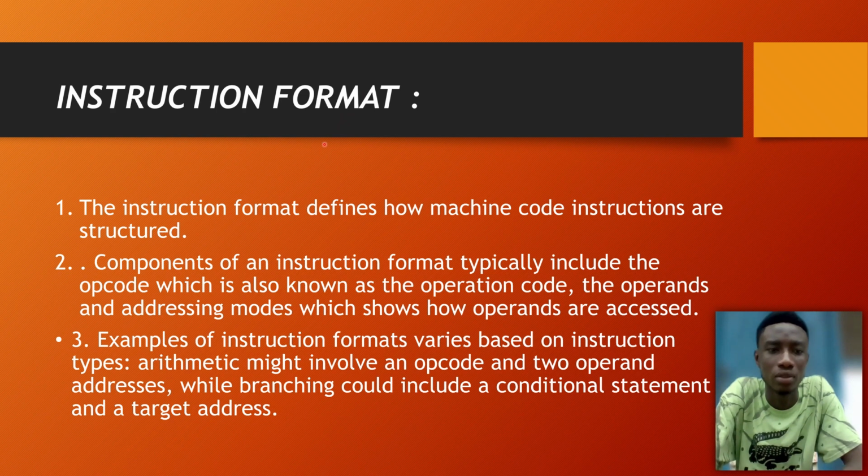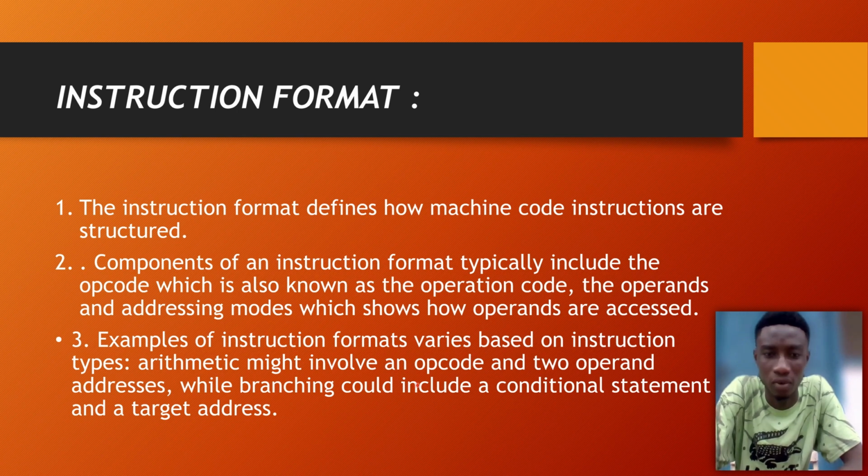When you talk about the instruction format, the instruction format defines how machine code instructions are structured. Components of an instruction format typically include the opcode, which is also known as the operation code, the operands, and the addressing mode, which shows how operands are accessed. Examples of instruction format vary based on instruction types.